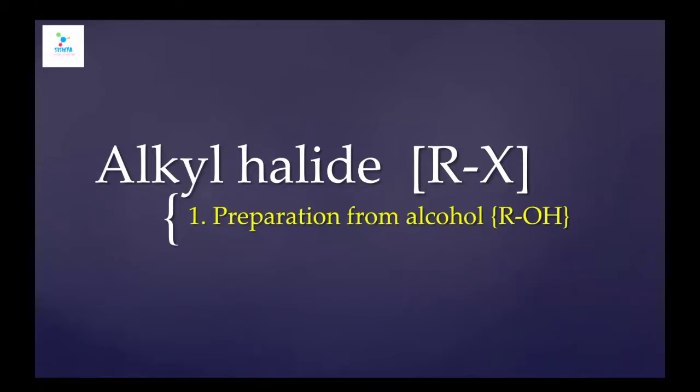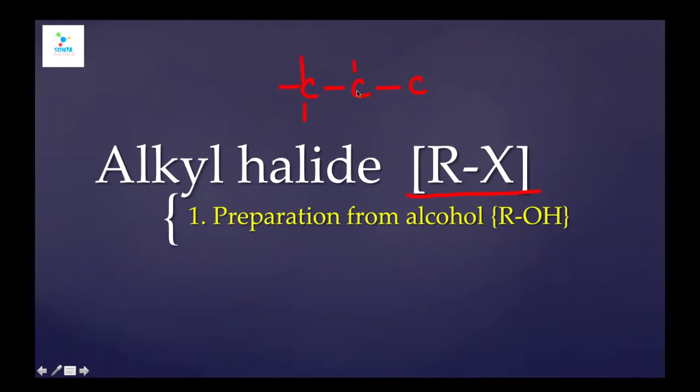Let's discuss the alkyl halide and its preparation from alcohol. Whenever we represent an alkyl halide, I will always prefer to write capital R-X. It represents the alkyl halide, and the group R represents the carbon chain.